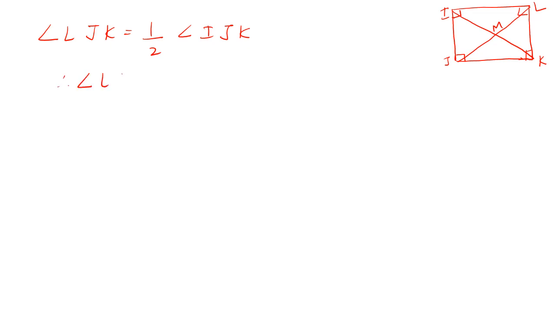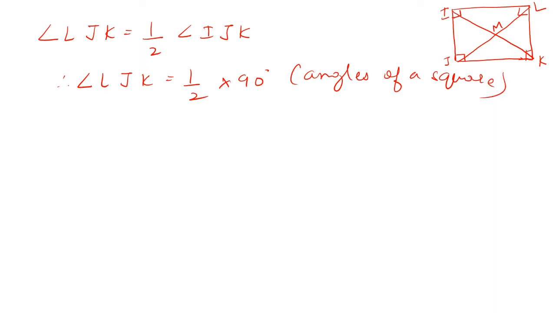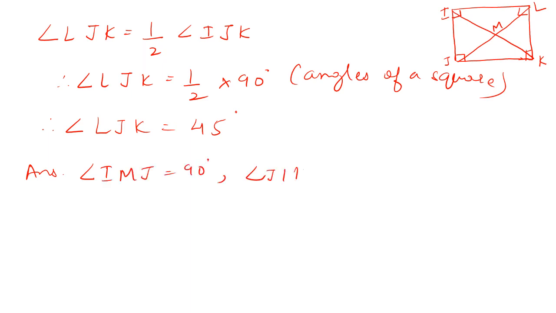Therefore angle LJK is equal to half into 90 degrees, because they are angles of a square, which are 90 degrees, so it is 45 degrees. So we have found that angle IMJ is 90 degrees, angle JIK is 45 degrees, and angle LJK is 45 degrees.